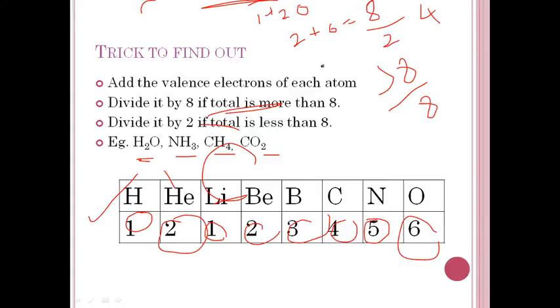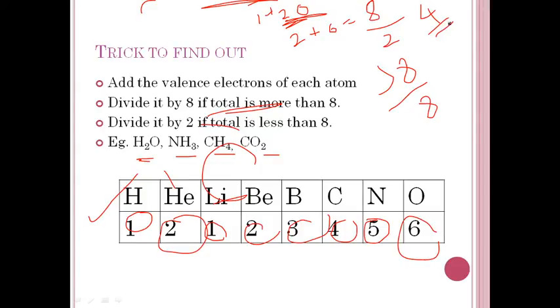So in H2O, how many bond pairs does it have? Can you say, are there 4 bond pairs? For making 4 bonds, at least you need 5 atoms. Am I right? But how many atoms do we have here? We have only 3 atoms.